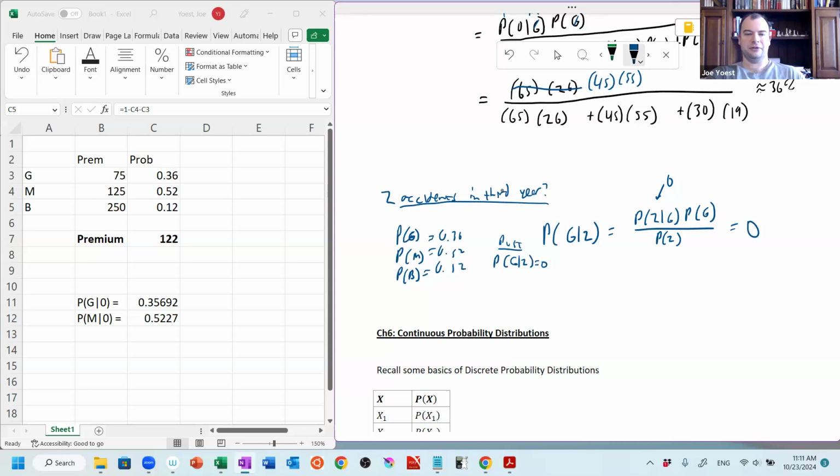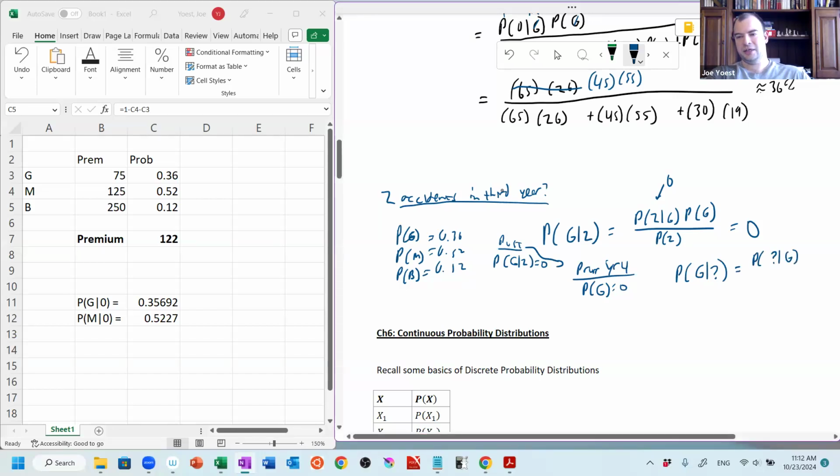So my posterior for the third year would be zero, but that becomes my prior for year 4. And in year 4, whatever happens, the probability of good given whatever is going to be the probability of whatever given good times the prior probability of being good for year 4, over the probability of whatever.